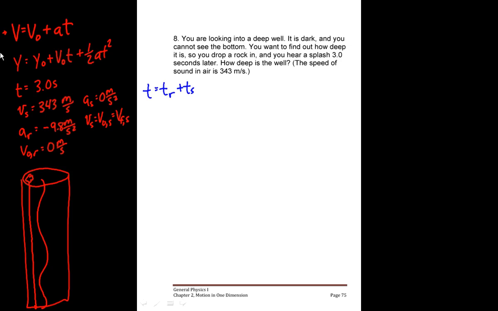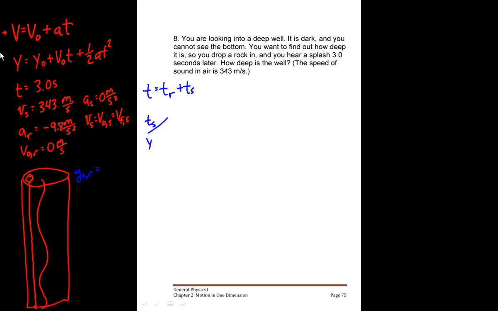Now, let's write expressions for time for the sound and time for the rock, and then we'll solve that equation. Let's do the sound first because it's easiest. Time for the sound. Well, let's actually draw these. Let me label my coordinate system here first. I have y naught for the rock.